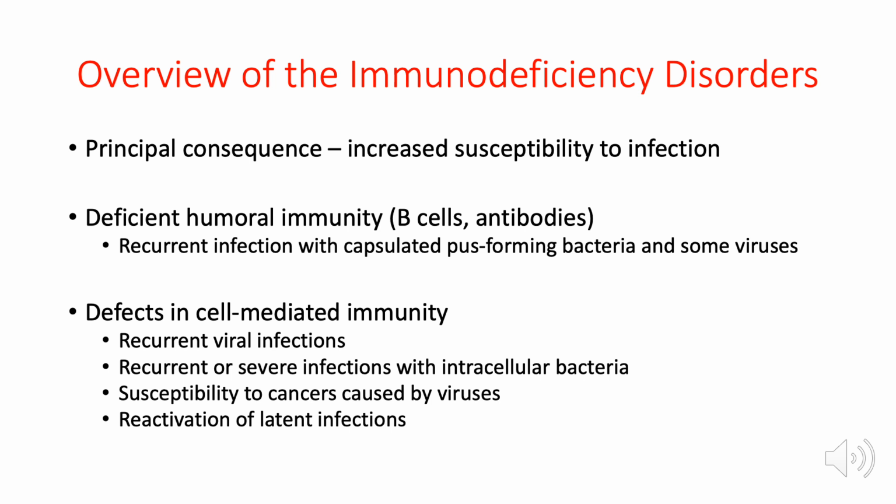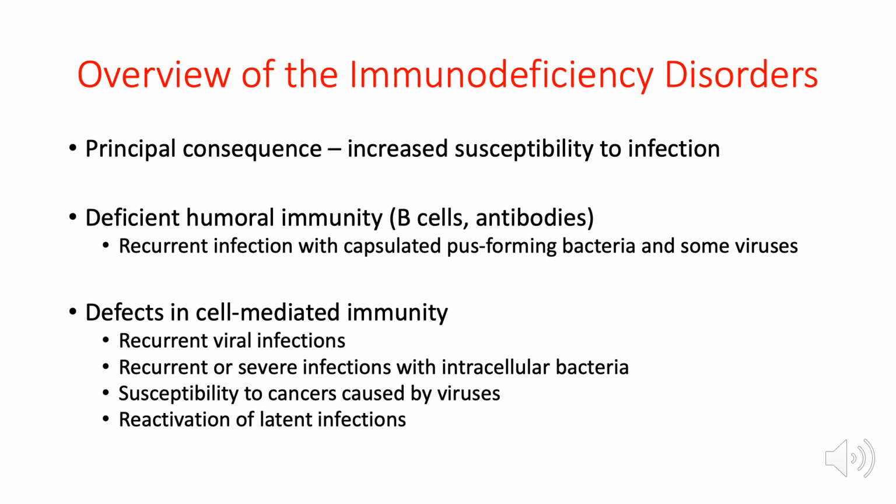Defects involving the cell-mediated immunity or the functions of the T cells will most likely present with recurrent viral infections, and recurrent or severe infections with intracellular bacteria. Remember, viruses and intracellular bacteria are killed by cytotoxic T cells through their interaction with the infected cells via the MHC class 1.